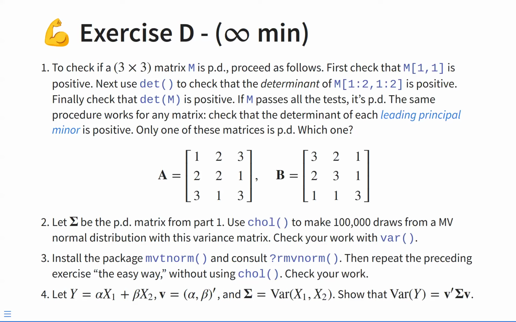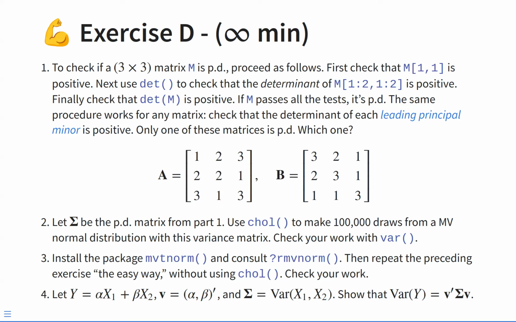Then you can use the determinant function, det, to check that the determinant of the elements 1 to 2 and 1 to 2, so that's the submatrix of the first two rows and first two columns, is positive. Finally, you check that the whole matrix's determinant is positive. This will work for 3 by 3 matrices. For larger matrices, you've probably figured out the idea. You've got to look at all the submatrices that lie along the diagonal. If you want to know some more about that, you can click on this link.